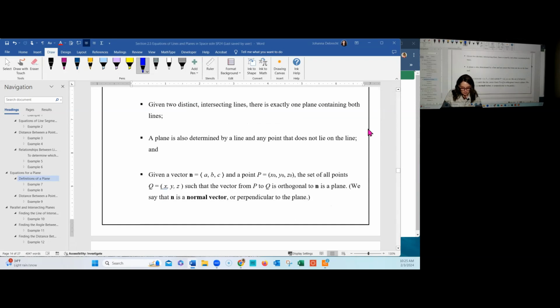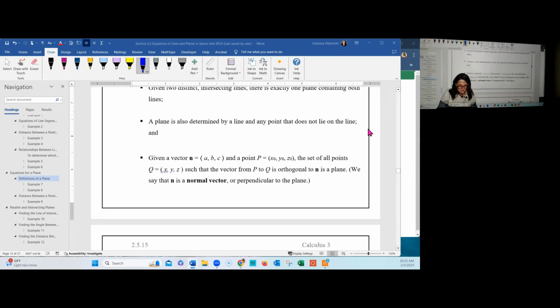Now, we're going to come up with a different way of representing a plane, which is basically to take a point in space and to take a normal vector and say that the set of all points Q such that the vector from point P to Q is orthogonal in 3-dimensional space, that would be perpendicular, to this vector n, forms a plane.